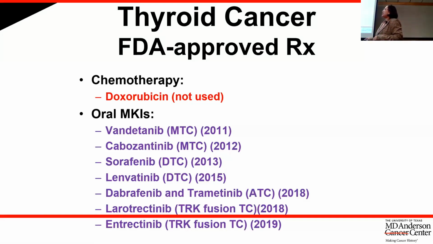And then for DTC, or differentiated thyroid cancer, that's your papillary and follicular, you had sorafenib in 2013, followed by lenvatinib. Then you have dabrafenib and trametinib for ATC, not for papillary thyroid cancer, but approved for anaplastic thyroid cancer. And then you have the NTRK inhibitors, larotrectinib and entrectinib, which were approved in 2018 and 2019.